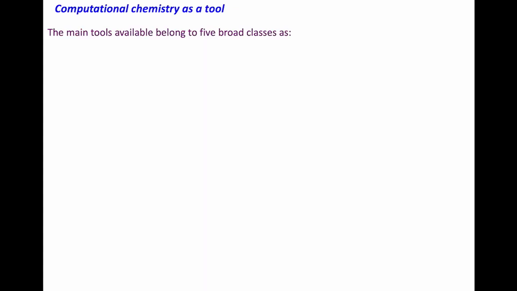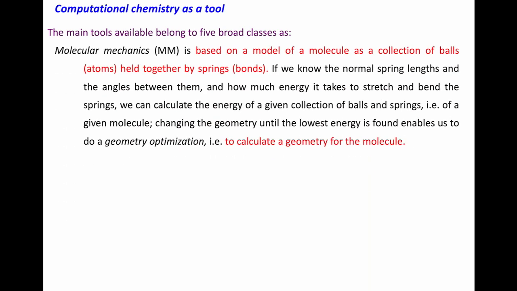I have already said that there are mainly five methods included in computational chemistry, and we can just go through them. First one is molecular mechanics. In the molecular mechanics method, we consider the atoms in a molecule as balls, and the bonds between these atoms as springs.